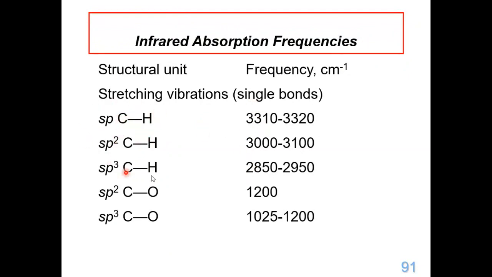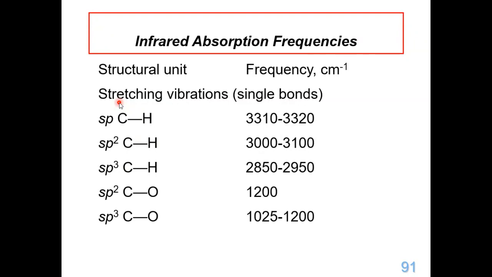If we compare the stretching frequency of those three kinds of single bonds, we don't change the type of atom. They remain the same, carbon and hydrogen, and all are single bonds. However, we change the bond strength, because the bond strength is related to the hybridization state. We learned this in Organic 1.